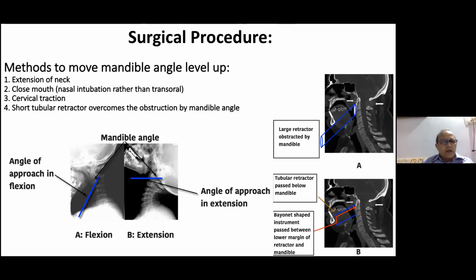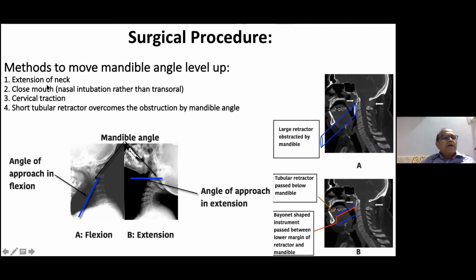The other problem in this approach is the angle of the mandible. There are methods you can use, and some of them are just positioning of the neck. The angle of the mandible comes down if you flex the neck. If you extend the neck, the angle of the mandible moves up.